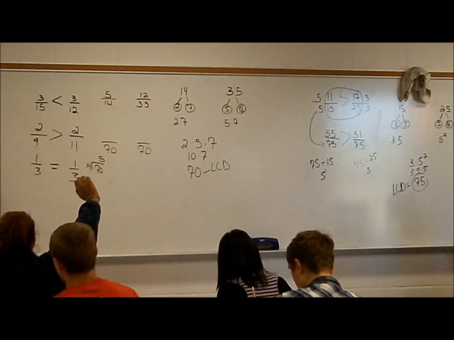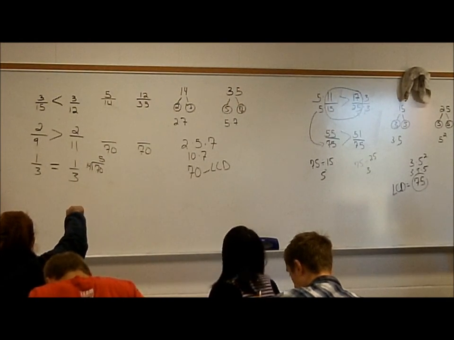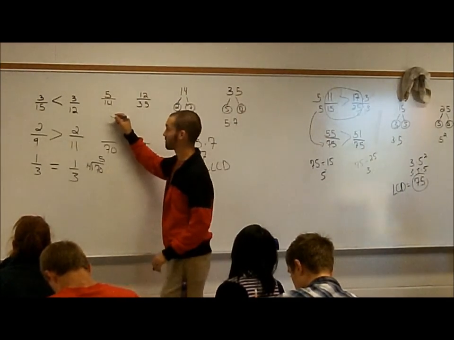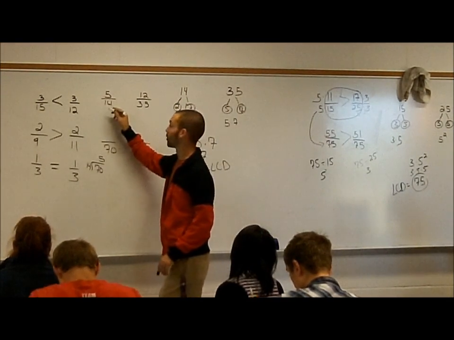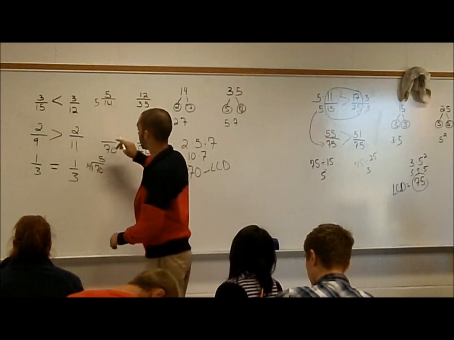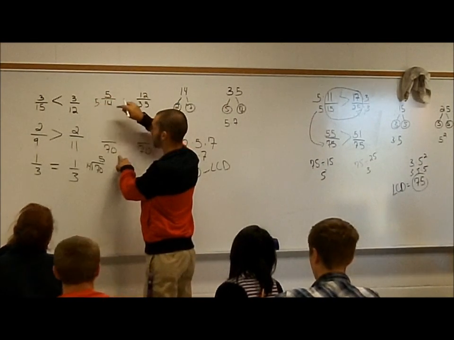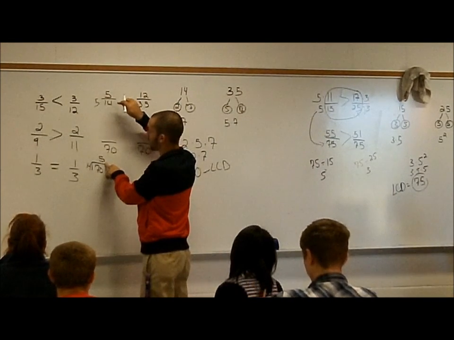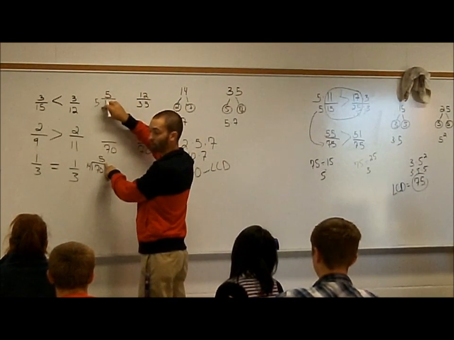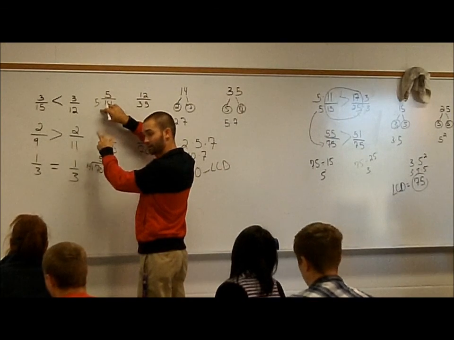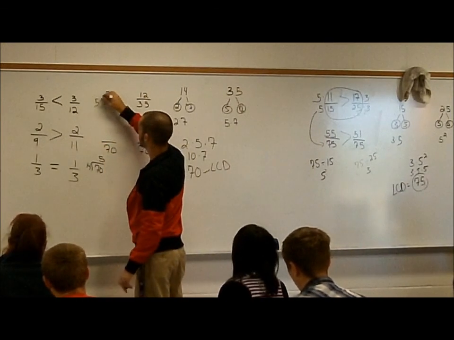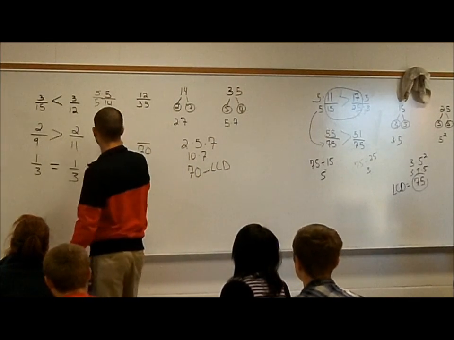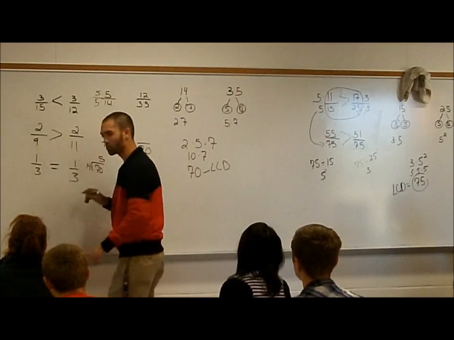Before we do 5 times 5, we've got to do 14 times 5. So when I do this denominator divided by this denominator and get this number, I multiply 14 by 5. And what I do to the bottom, I do to the top. So what's 5 times 5? 25, good. Do you kind of see what we're doing there?